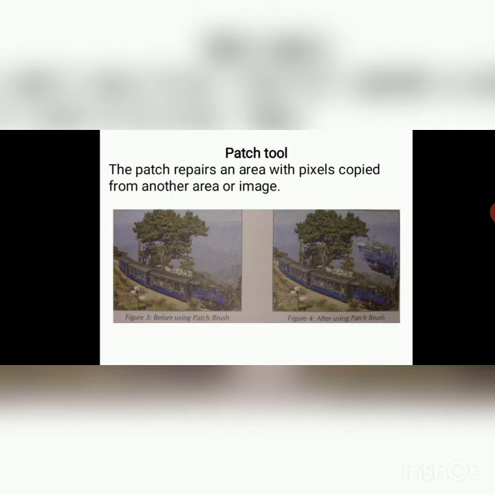In the third picture, we are not using the patch tool. This is the damaged area, and in picture 4 we are using the patch tool, copying pixels from the third image into the fourth image.